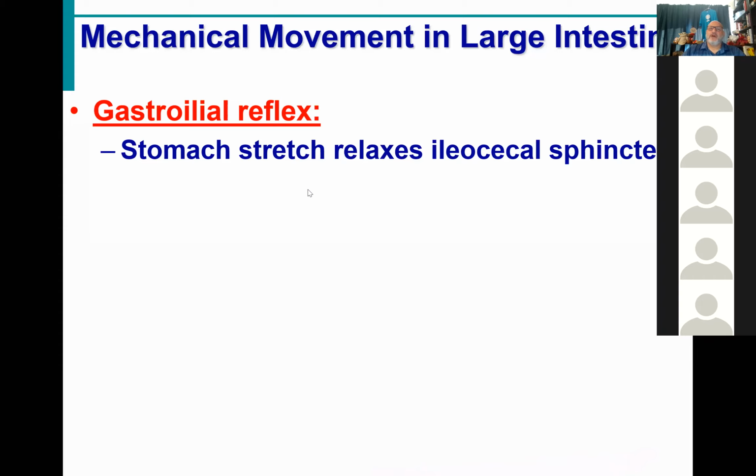Excellent. All right, so that is the anatomy of the large intestine. Let's talk some physiology for it then, starting first with its mechanical movements, because we did say there were some special movements associated with them. Again, as we talked about, that gastroileal reflex started with the stretch of the stomach and produced that gastrin.